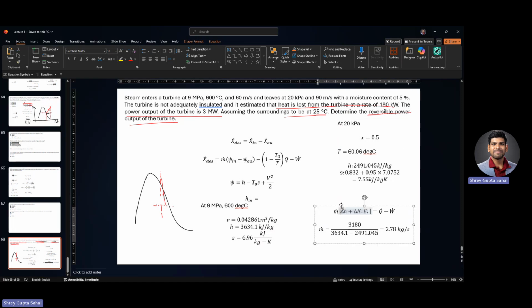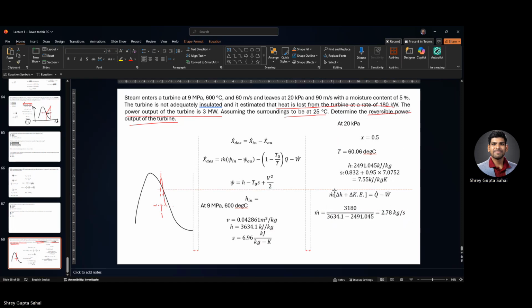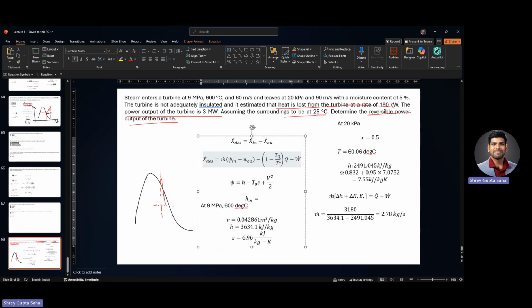That is the first thing that we actually need. Then we also need to figure out this T business. Heat is lost.